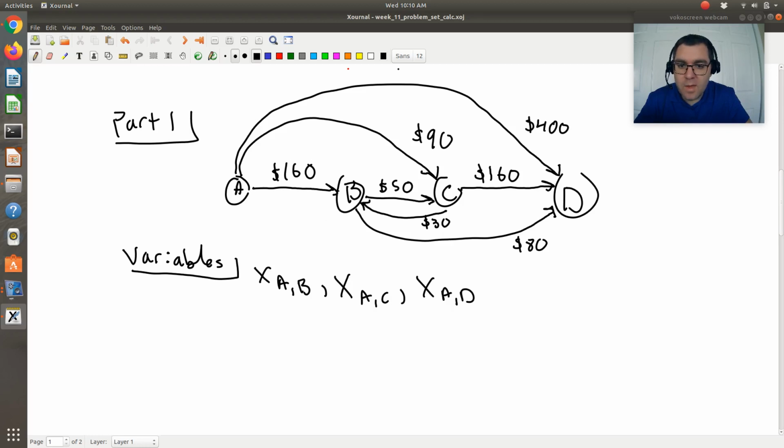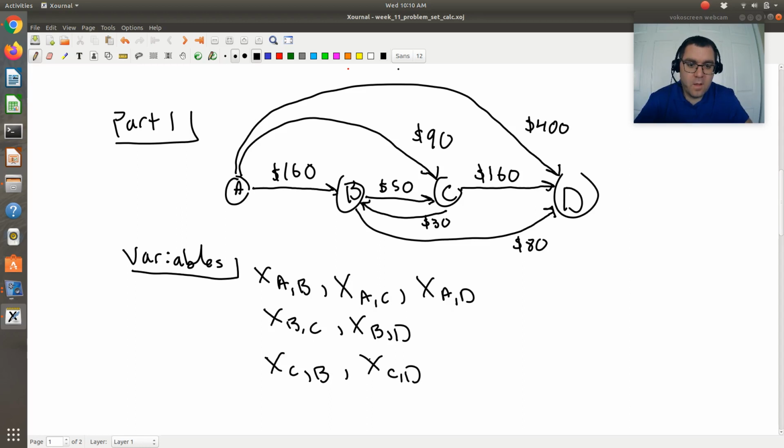Starting in B, I can go to C and I can go to D, so XBC and XBD. Then from C, I have XCB and XCD. There are no destinations leaving D.